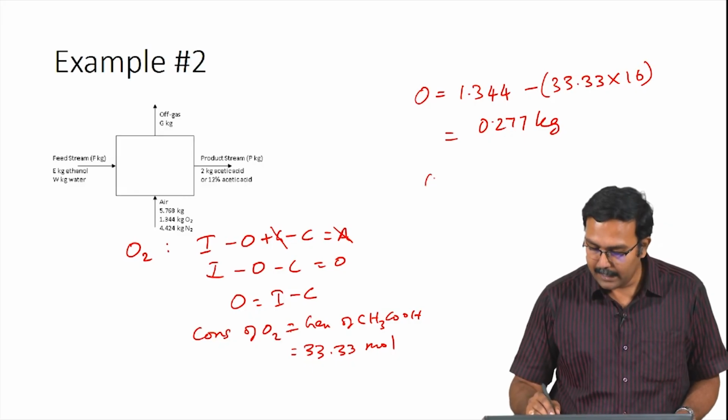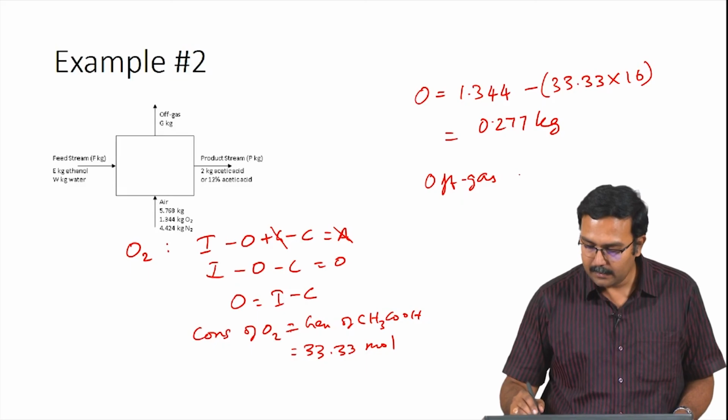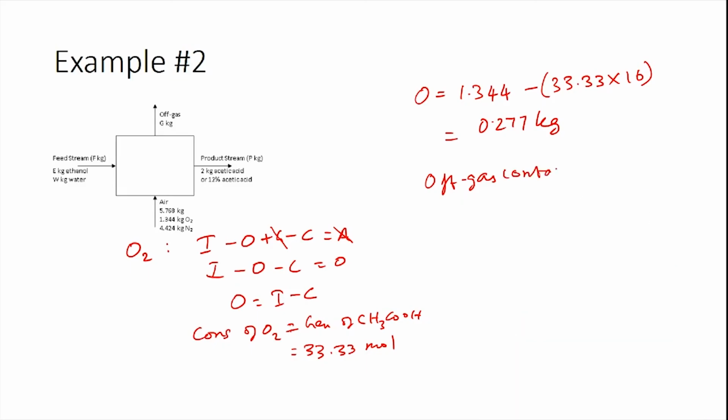So, off gas contains 0.277 kilograms of oxygen.